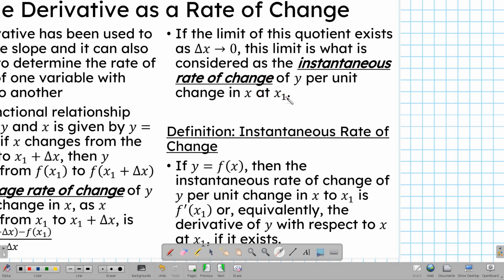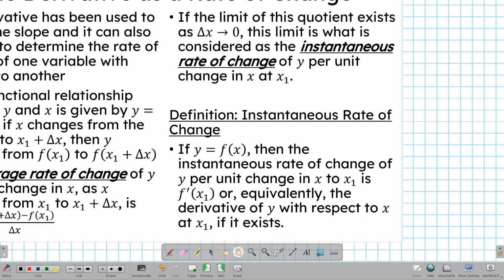So at that specific x sub 1, how fast or slow is it changing? The instantaneous rate of change can be computed as follows. If y is equal to f of x, then the instantaneous rate of change of y per unit change in x at x sub 1 is the derivative of the function at x sub 1, if it exists.